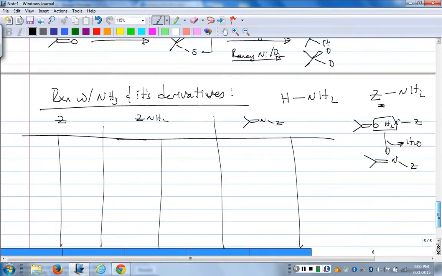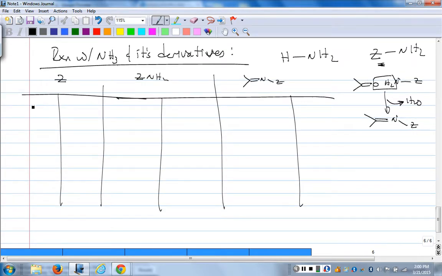So Z can be several species. The ones we're interested in are, obviously, when Z is H, in which case ZNH2 simply has the structure HNH2, and that's called ammonia.